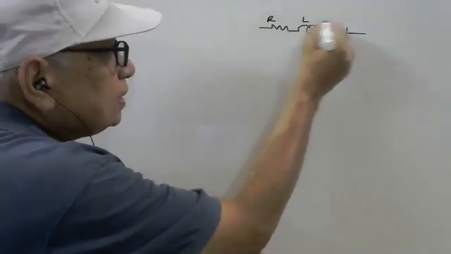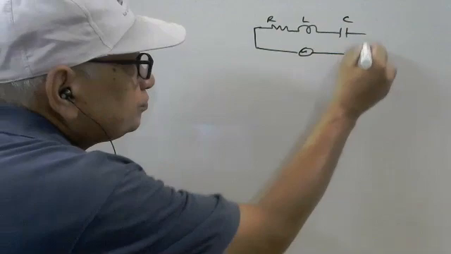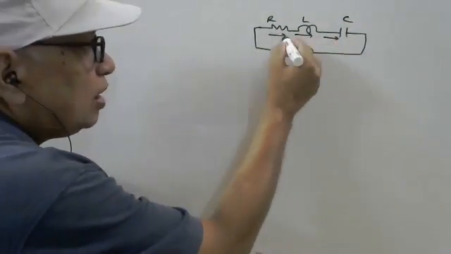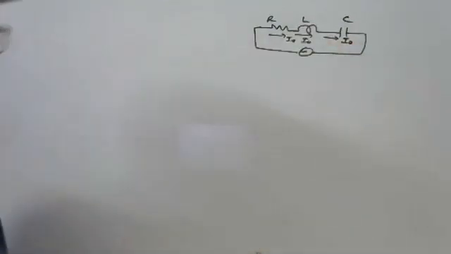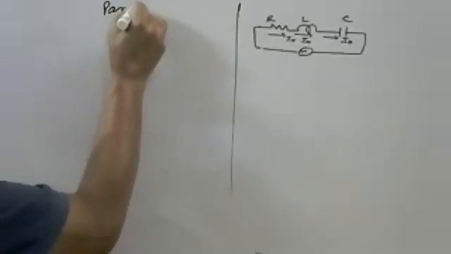In this RLC series circuit, the current is the same everywhere because of the series circuit. Now parallel resonance.